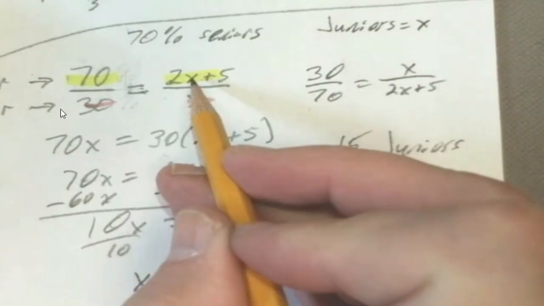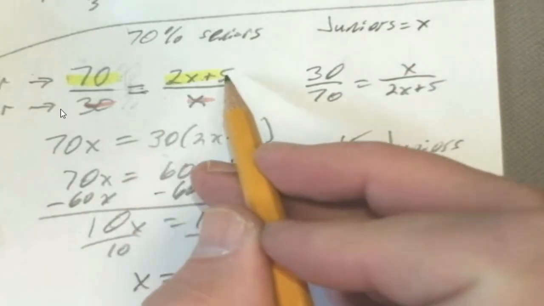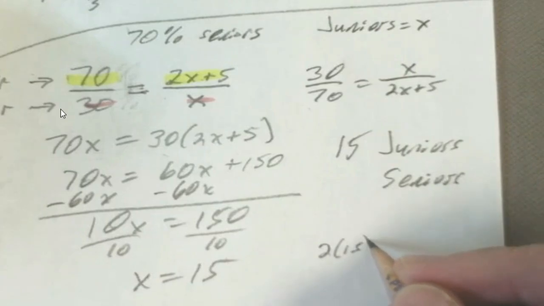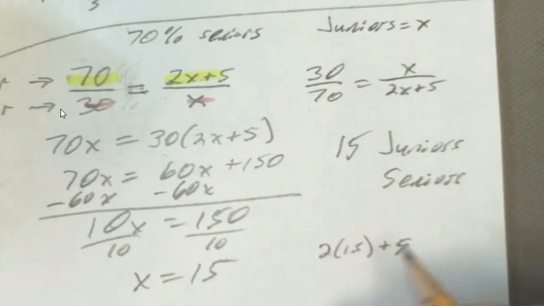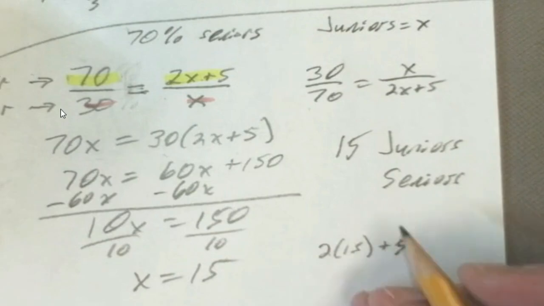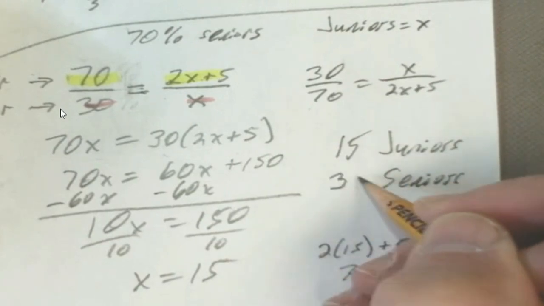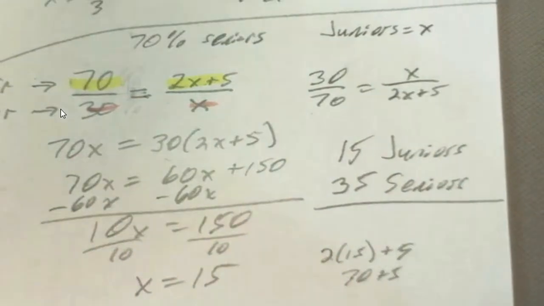Well, according to this, twice as many plus 5. 2 times 15 plus 5. Now that we know x is 15, this is 30. There are 35 seniors and 15 juniors in the math club.